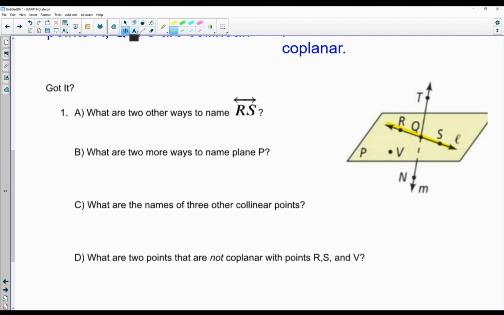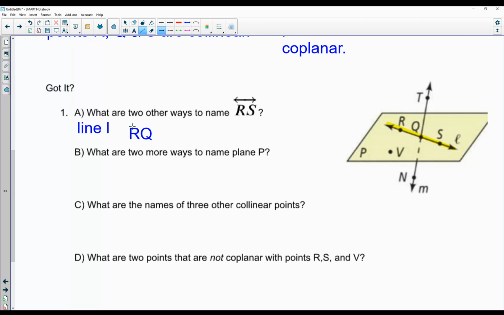Let's go through the two ways to name line RS. The first is we could simply call it line L, because there's that lowercase l. We can also use R and Q to name RS. So I can do RQ. Think about what we did before: you have to put the little symbol above it.